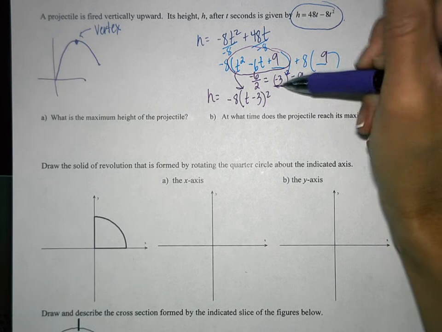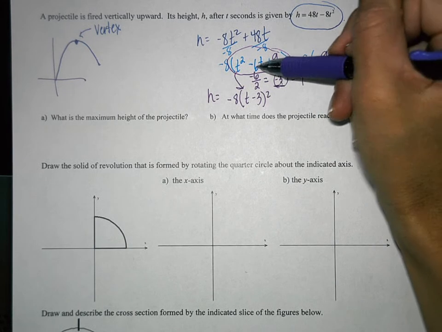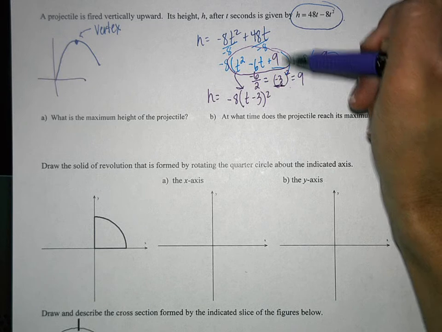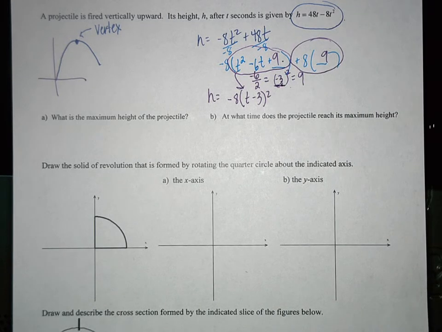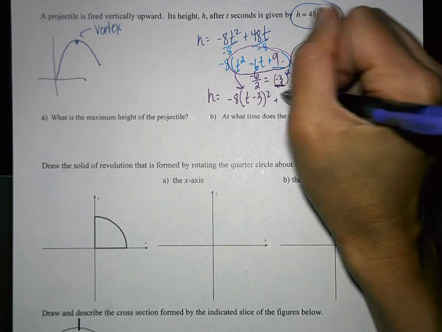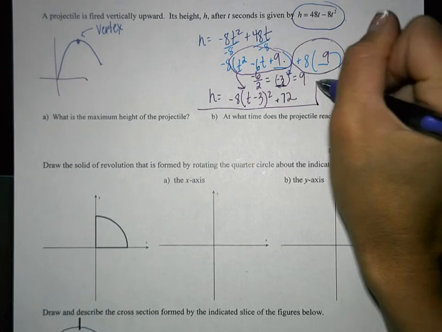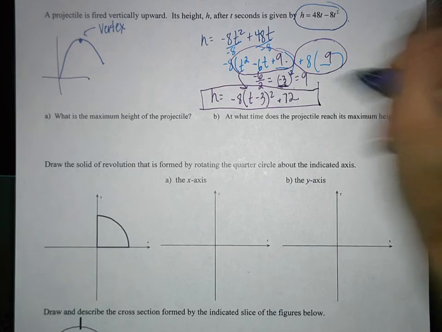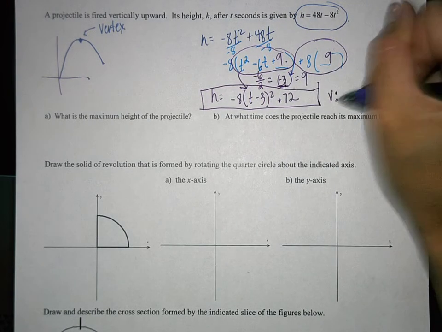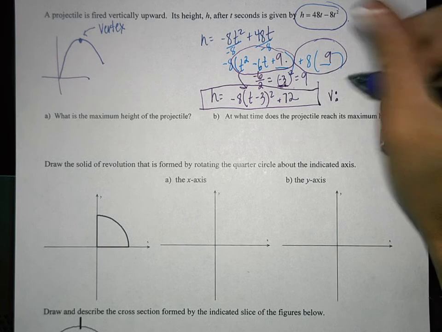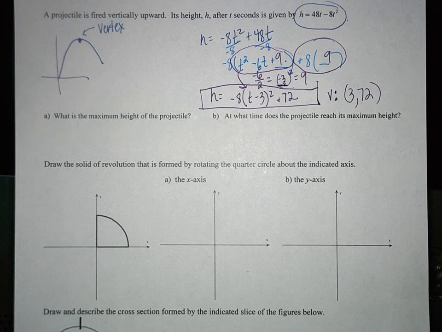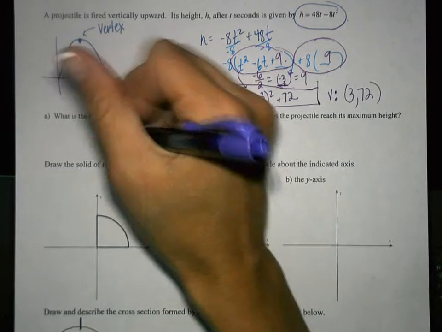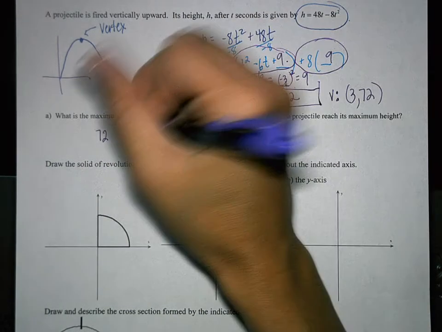Negative 3 added to negative 3 is negative 6, and negative 3 times negative 3 multiplies to be 9. And then what is 8 times 9? 72. Okay, so here's my equation in vertex form, which tells me that my vertex is what? 3, 72. So what is the maximum height of the projectile? 72. And if it doesn't say what kind of units it is, we're just going to go 72 units.